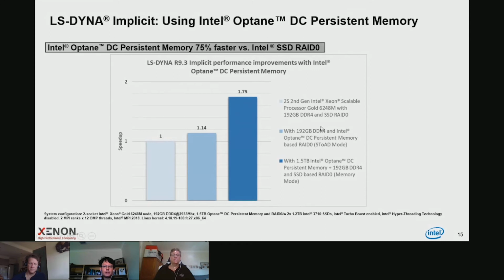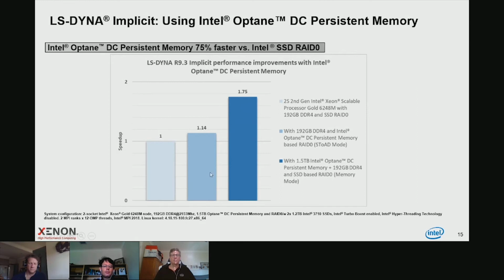So that was essentially using the DC persistent memory modules as storage devices. And then the third one here was using 1.5 terabytes of Intel Optane DC persistent memory with the DDR4 memory and just SSDs here on the side. But the main important aspect here is that the Optane modules were used in memory mode.